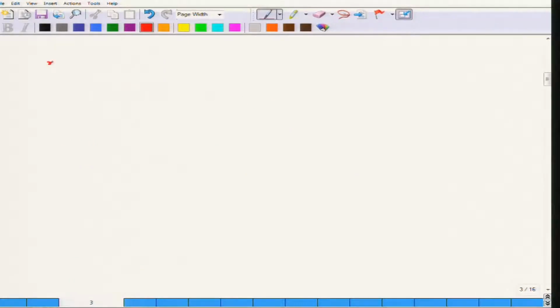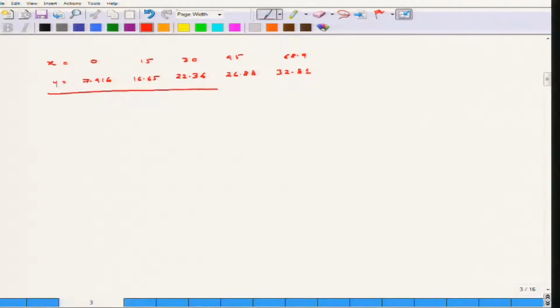So, you can take points like, let us say 0, then 15, then 30, then 45, and then 68.9. Taking all these relations, you get the values of y as 7.416, then 16.65, then 22.36, then 26.88 and 32.81 respectively. So, this is how you draw the phreatic line.